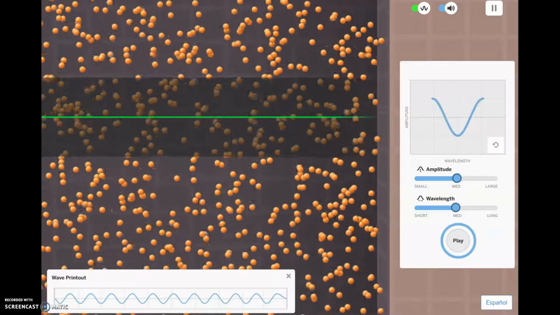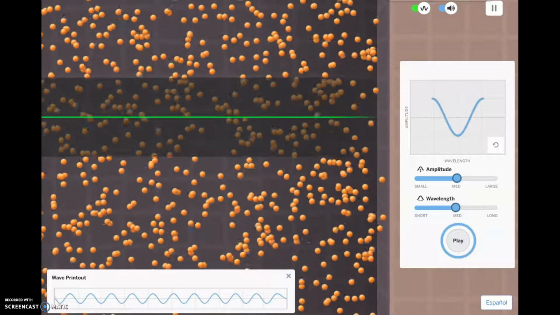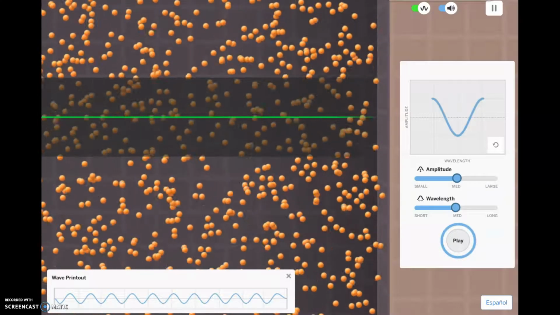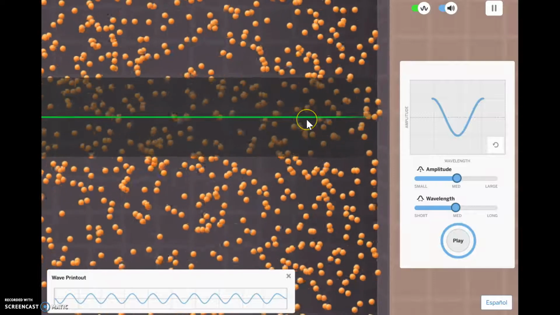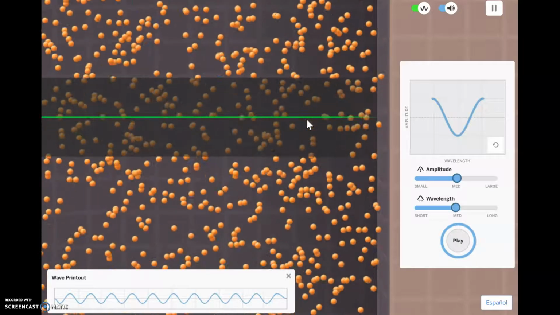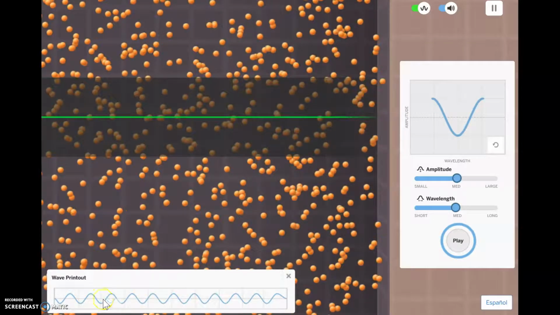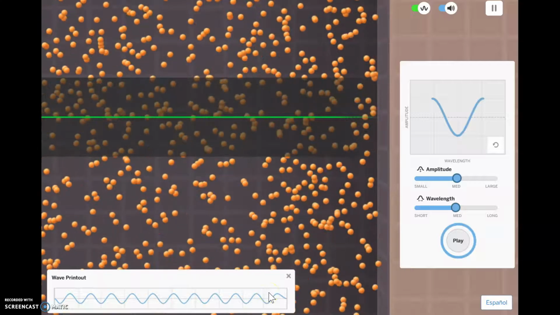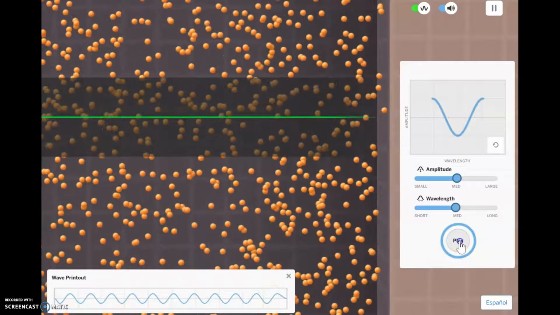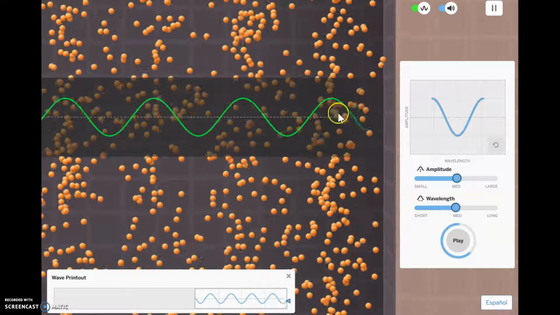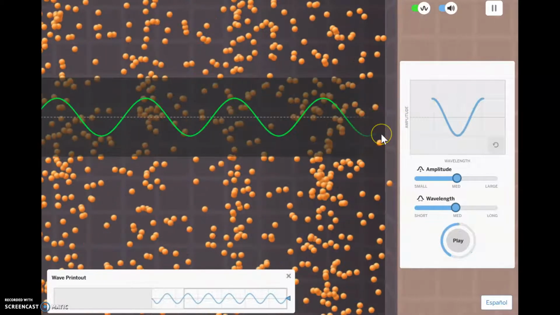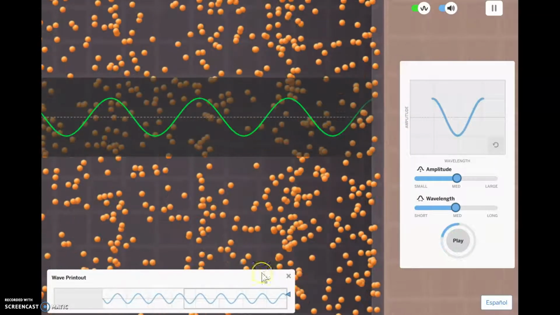So I've switched to the custom sound mode, and now this green line is going to show us the waveform, or what the wave looks like. It'll also record it down here in the wave printout. So let's play a sound and see what happens. Okay, so this is the waveform. This is what the wave looks like, and we have a printout down here.